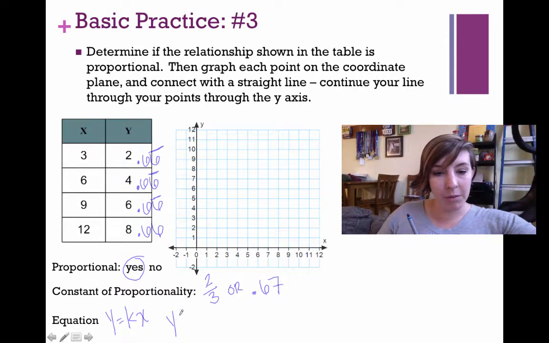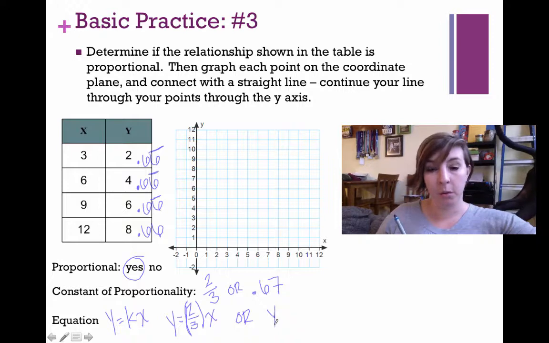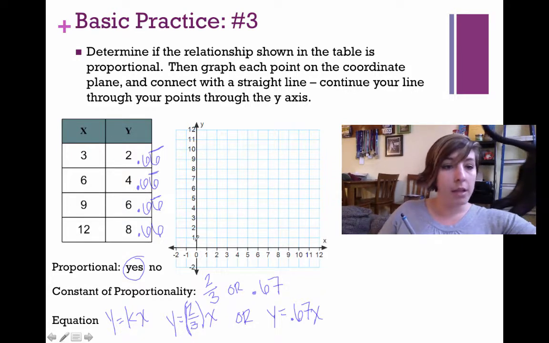In this case, it would be y equals 2/3 in parentheses, so we can multiply, times x, or it could be y equals 0.67x. Now let's go ahead and graph it.